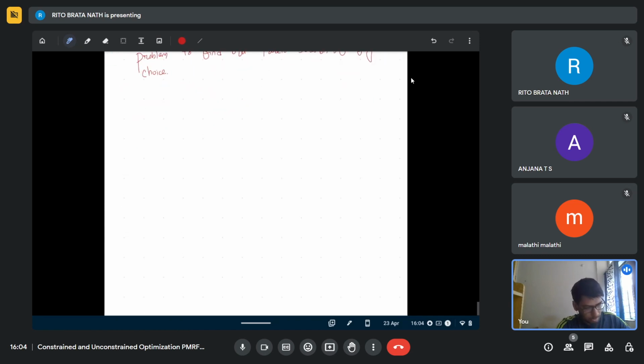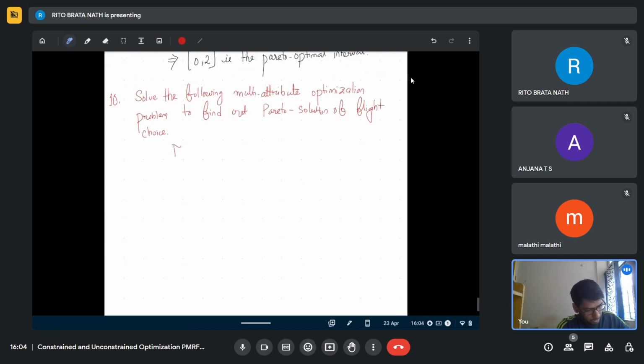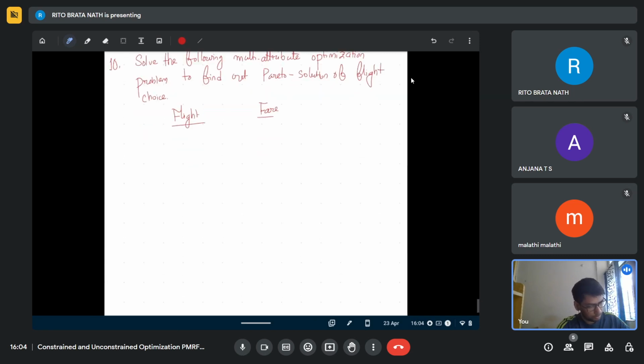Okay, so the data that you are given is, this is flight, this is fare, so that's your one criteria or one attribute, and the other attribute is time. So this is flight A, for which you have a fare of 15,000 and the time required is 3 hours.